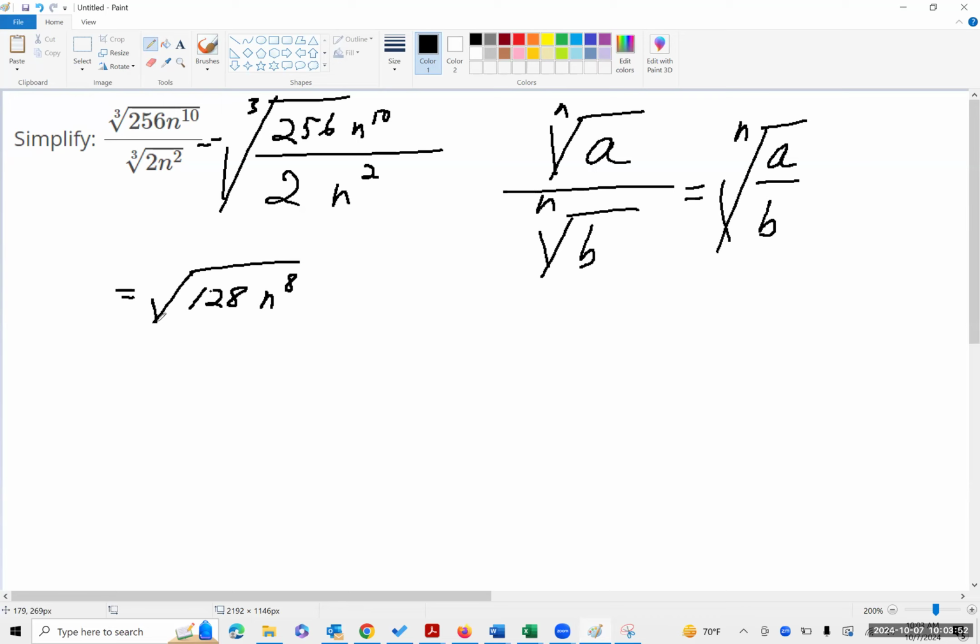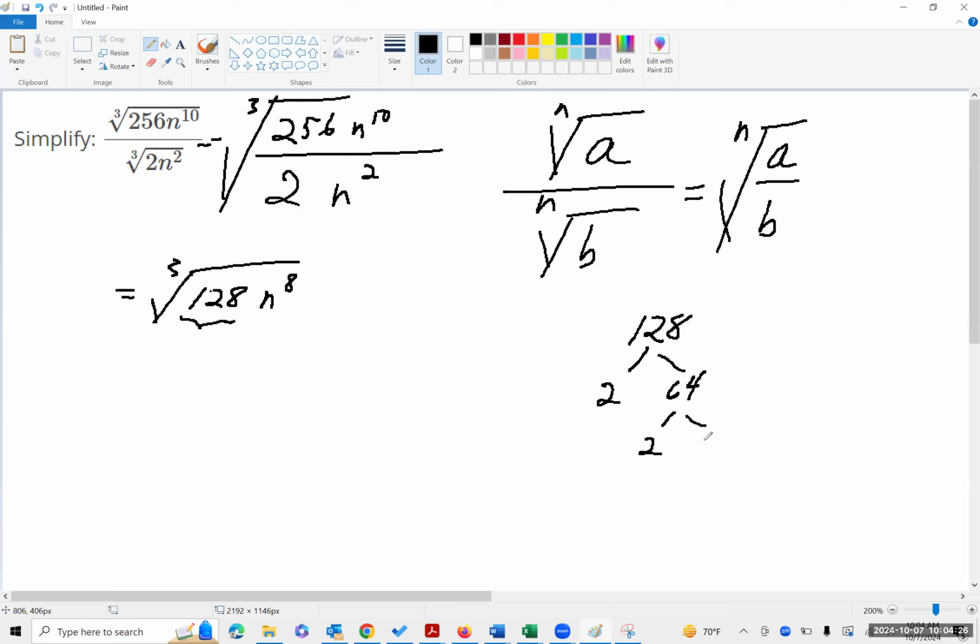And now I just need to figure out whether 128 has a perfect cube root and whether n to the 8th does. How do we separate this into two pieces? It's often easier to do the prime factorization tree. So 128 divided by 2 is 64.